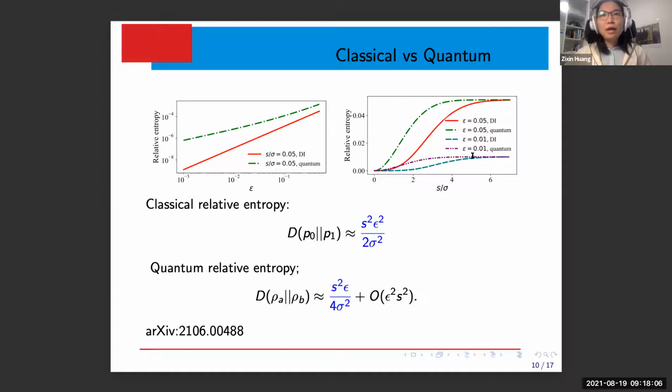And now on the other hand, I can fix epsilon and plot the difference as a function of the separation parameter S. And as you can see, for all values of the separation, there's a clear quantum advantage until the two sources become very spatially separated. So when you can clearly resolve these two on the image screen, doing something quantum is not going to help you, but that's kind of very intuitive.